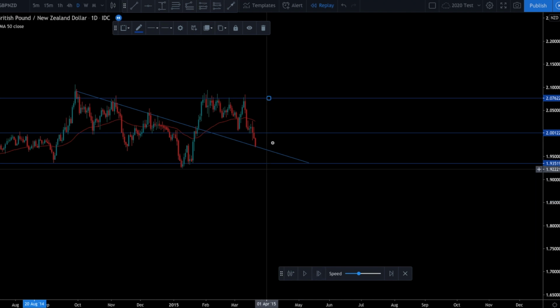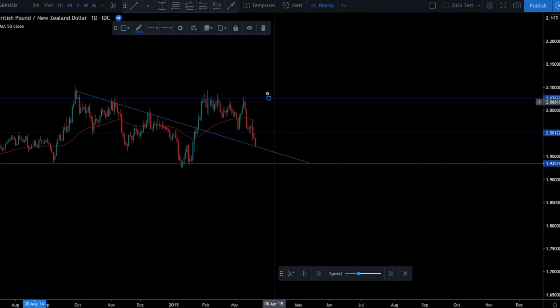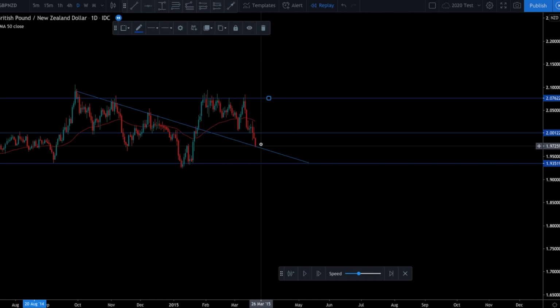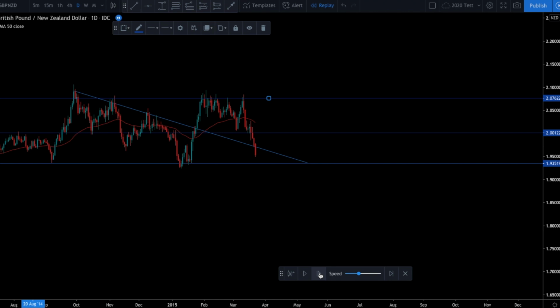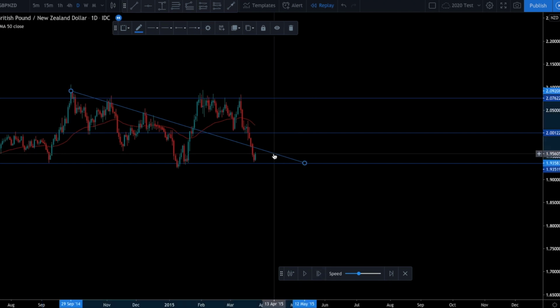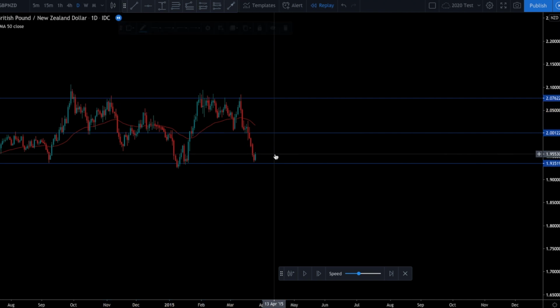Okay, so it broke down. So now it has formed a new lower low, and there's some room. It could decelerate on this trend line. Okay, so this is no longer a relevant trend line.